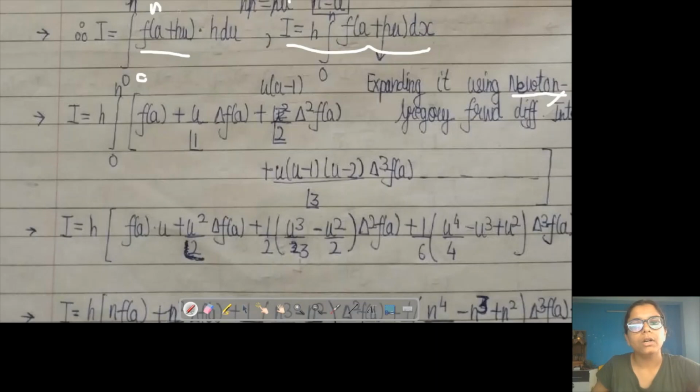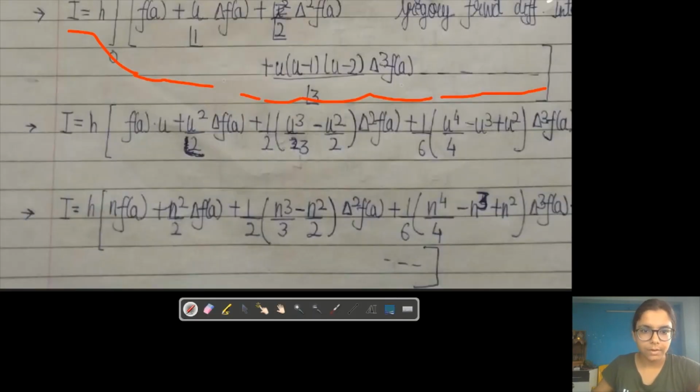So this formula of I, the integral of f(a plus hu), would be transformed into this whole formula. It would be expanded with the help of Newton's forward difference, and then we replace all the u's and integrate the whole thing.